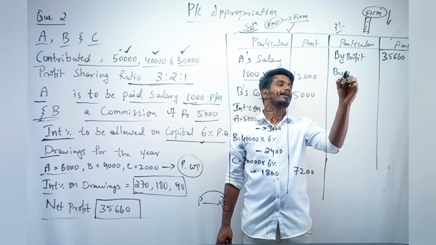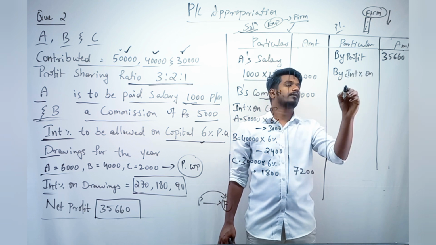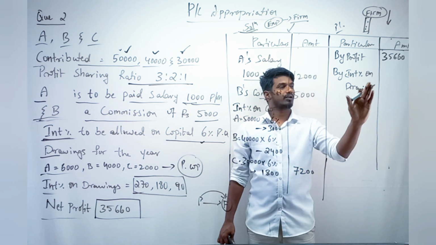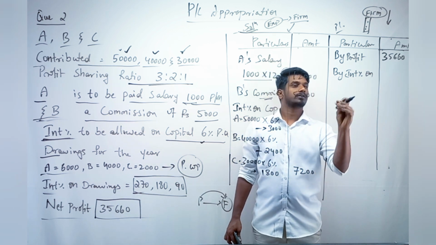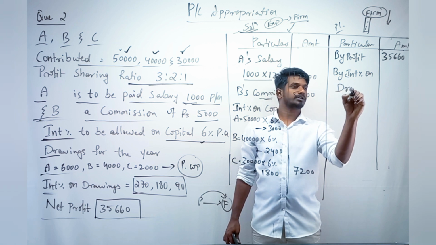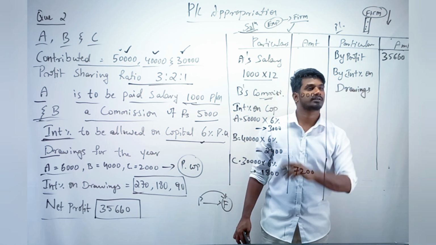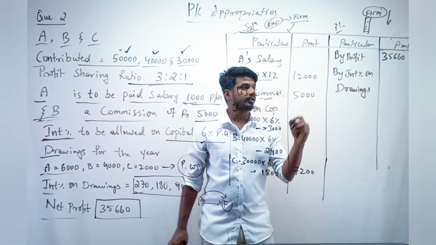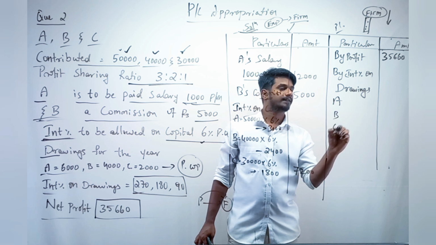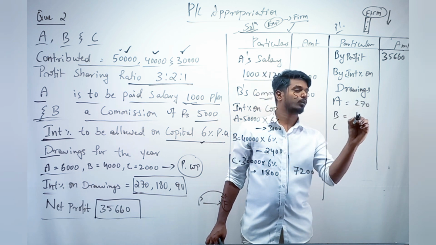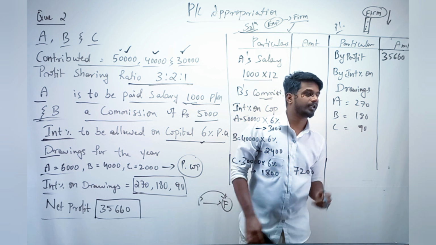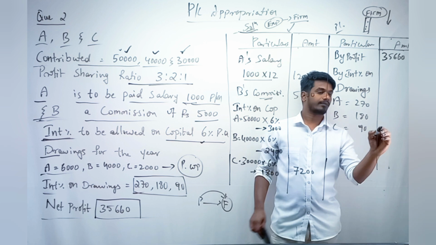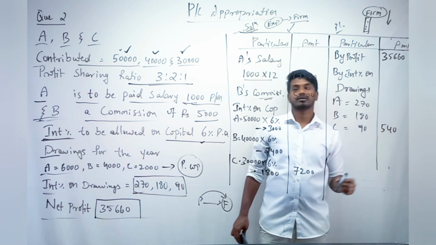Write interest on drawings for A, B and C as 270, 180 and 90, total 540.